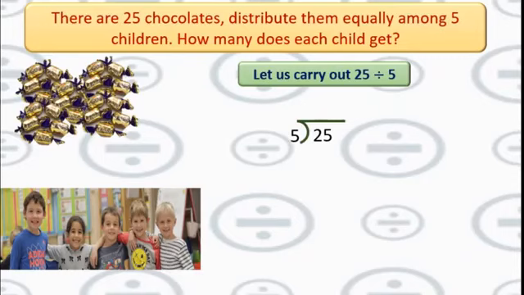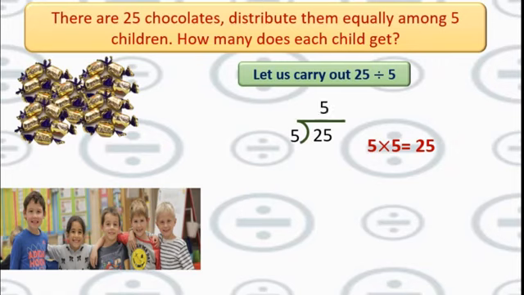Now we have to use the table for 5, until we get 25 or less than 25. 5 ones are 5, 5 twos are 10, 5 threes are 15, 5 fours are 20, 5 fives are 25. Yes, we got 5 fives are 25.